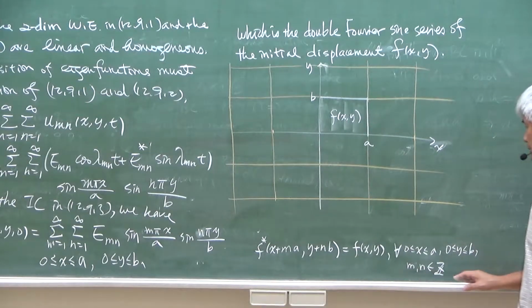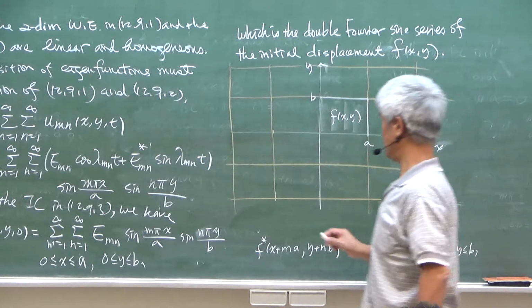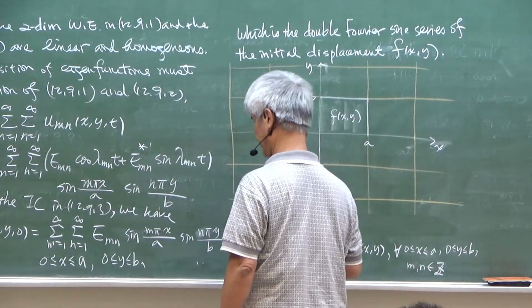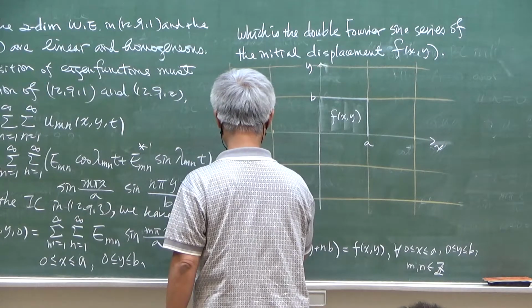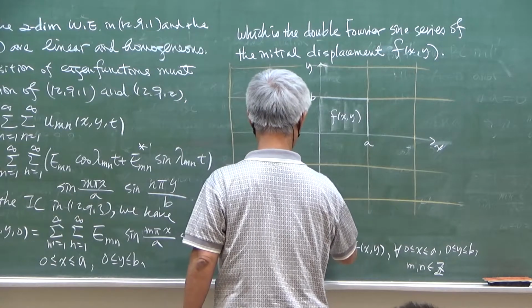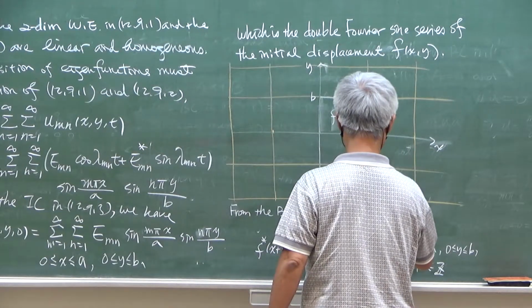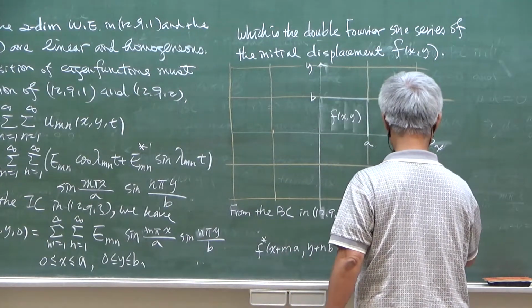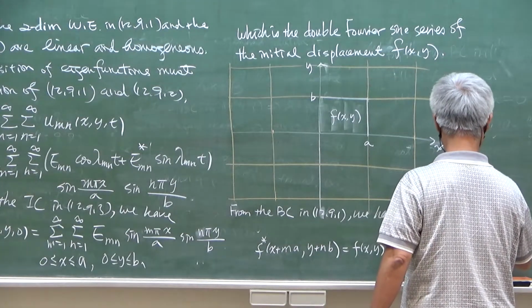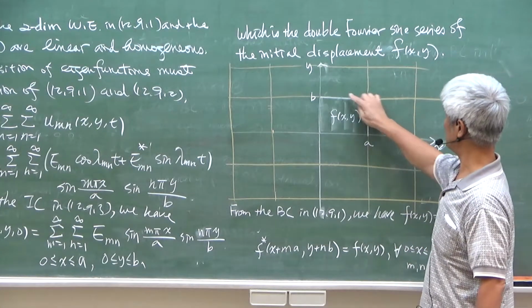And we know this is true from the boundary condition. f of x y is 0 for all x y in the boundary.